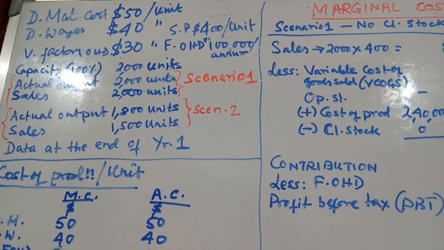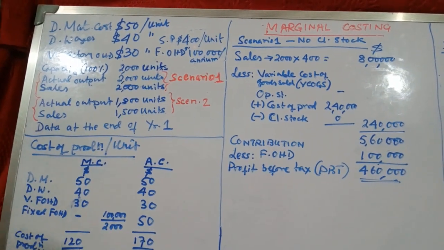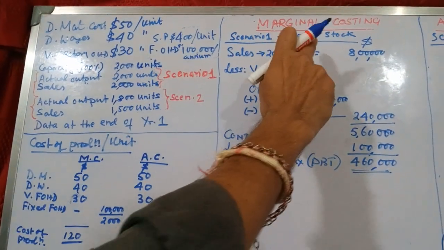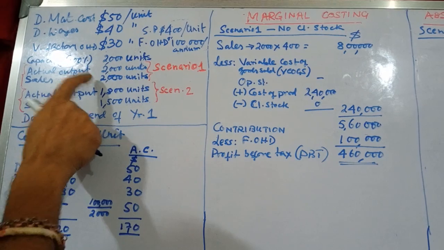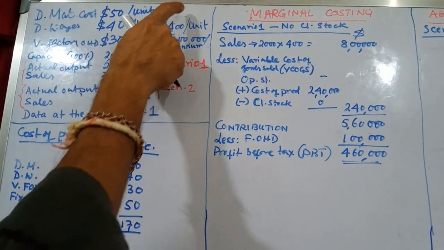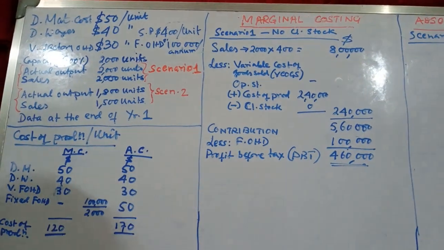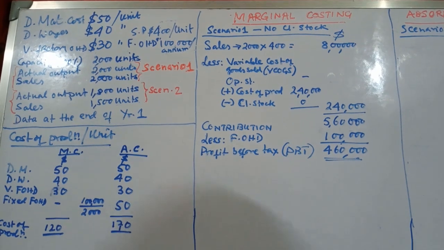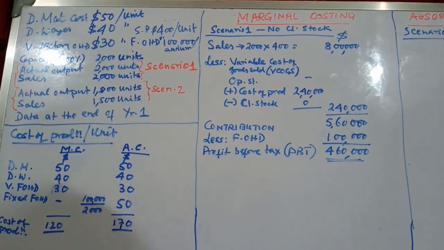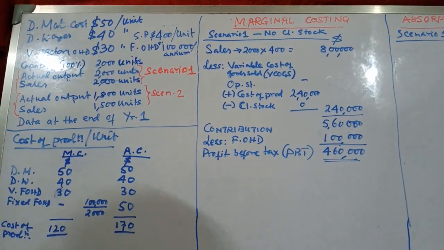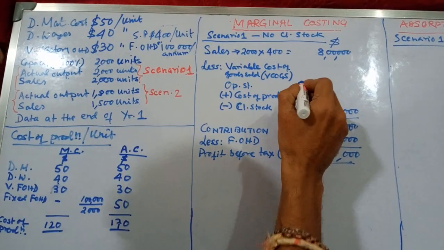We have calculated profit before tax, that is PBT, under marginal costing system in scenario 1, that is there is no closing stock. Sales is 2000 into 400, 400 is the sales price per unit. It comes to 800,000 less variable cost of goods sold, that is opening stock plus cost of production minus closing stock. We don't have any opening stock or closing stock.